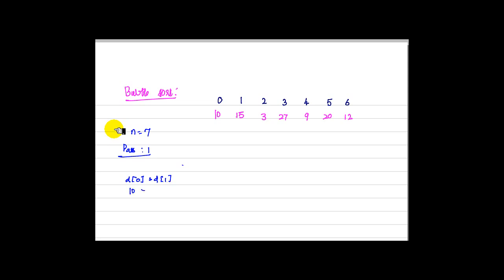We are checking whether 10 is greater than 15. It is false, so we are not going to interchange. We write the array as such.